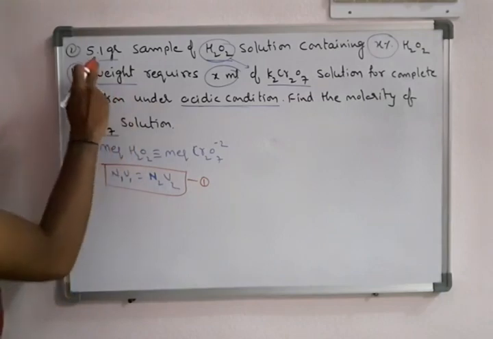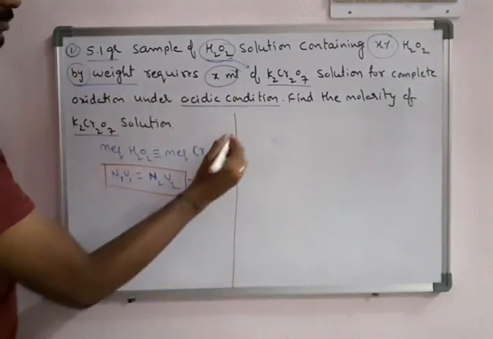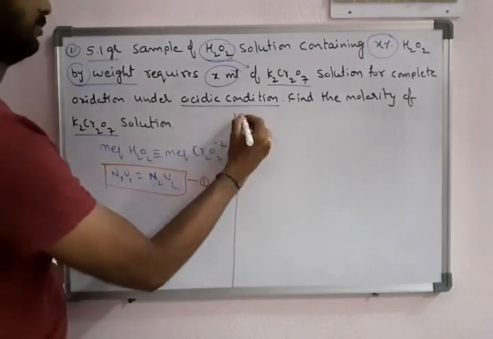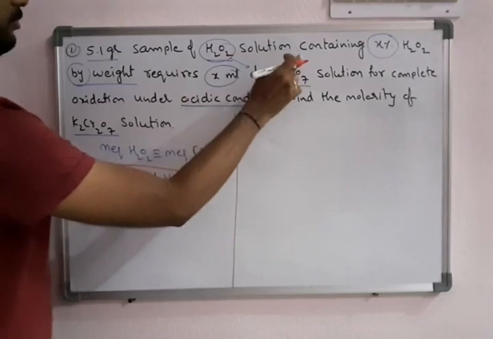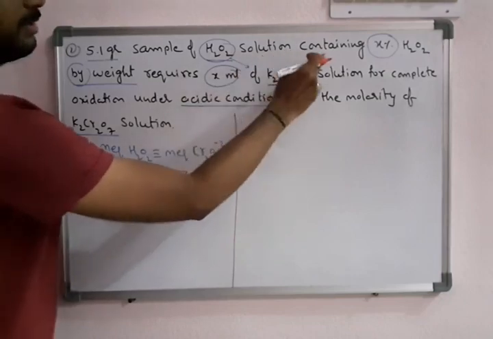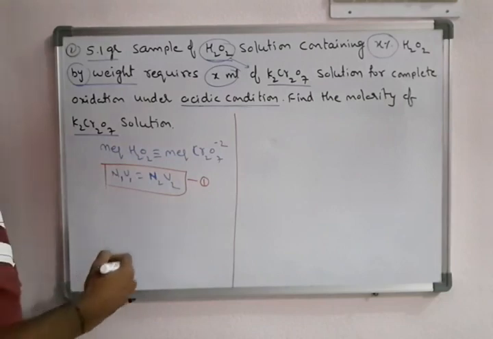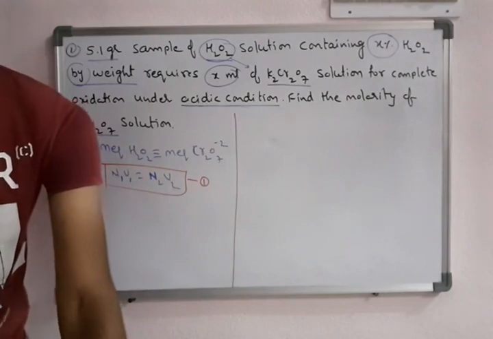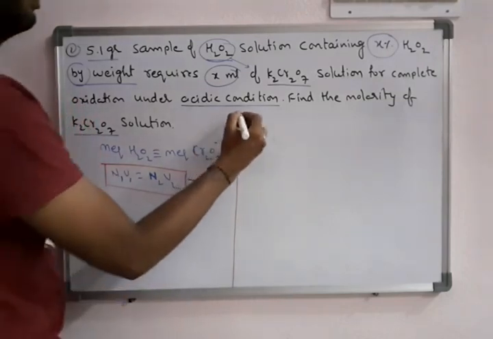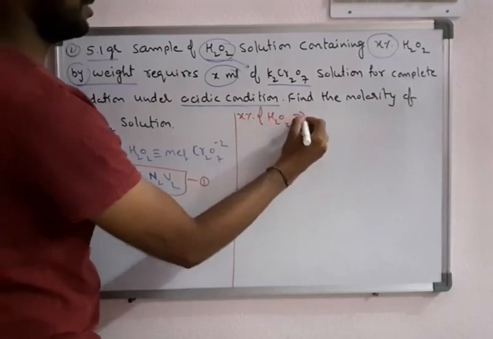So it is given that 5.1 gram of sample. 5.1 gram of H2O2 solution containing X percentage of hydrogen peroxide, means here given as X percentage of hydrogen peroxide. What does it mean?